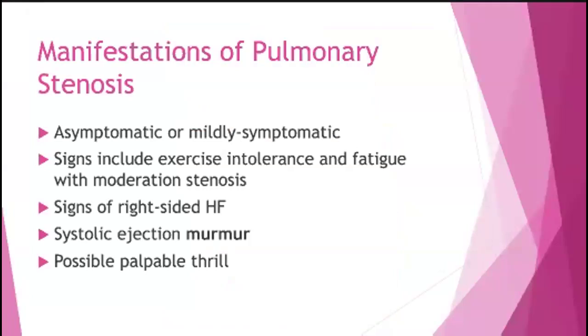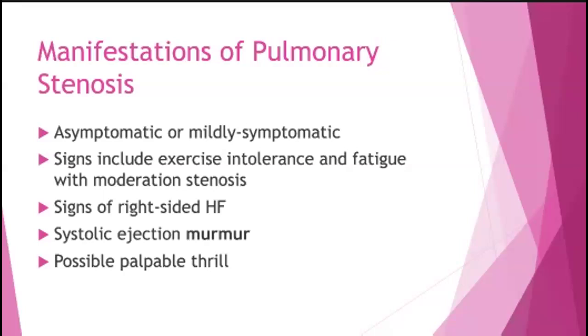In a moderate to severe case, we're going to hear a harsh systolic murmur at the upper left sternal border. We're going to have fatigue and shortness of breath with activity, cyanosis, and signs of right-sided heart strain like hepatomegaly and peripheral edema. Those would be late signs. In an infant, poor feeding, tachypnea, and failure to thrive.